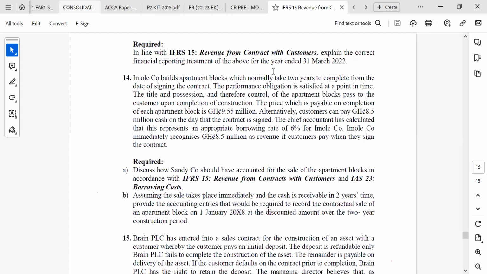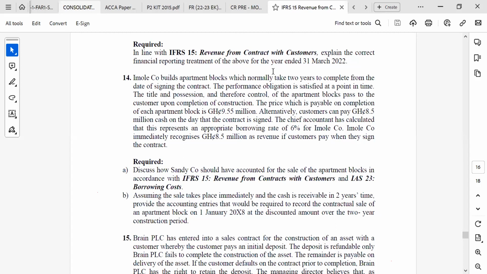So this one, they didn't say the customer has paid already, isn't it? They just say Imoleco immediately recognizes 8.5 as revenue if customers pay when they sign the contract. So if the customer pays the 8.5 when the contract is signed, then the 8.5 should be recognized as a loan, a loan taken to finance the construction of the blocks.